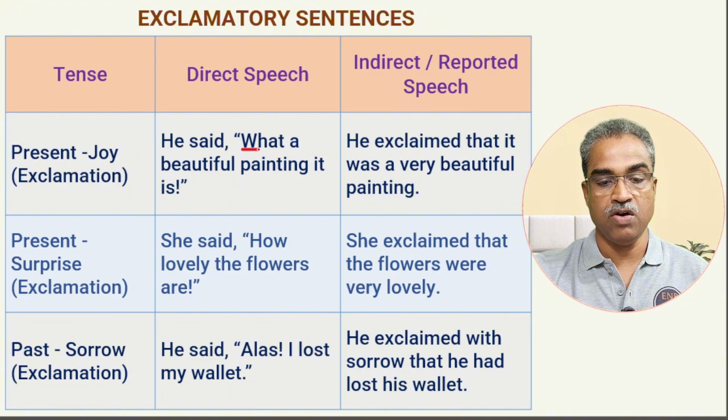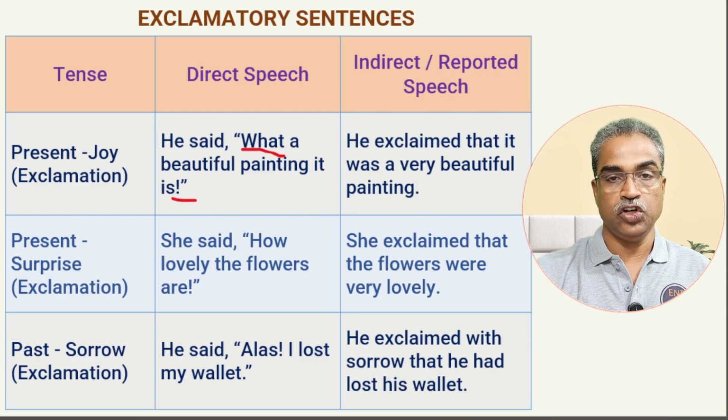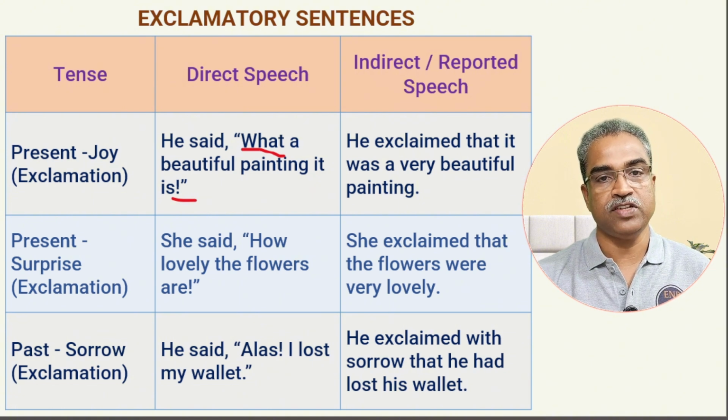We use how and what to start. When you change it, we say he exclaimed. We don't say he told. We say he exclaimed. Now, if you want to add, he exclaimed with joy, with excitement, whatever you can add, that's up to you.